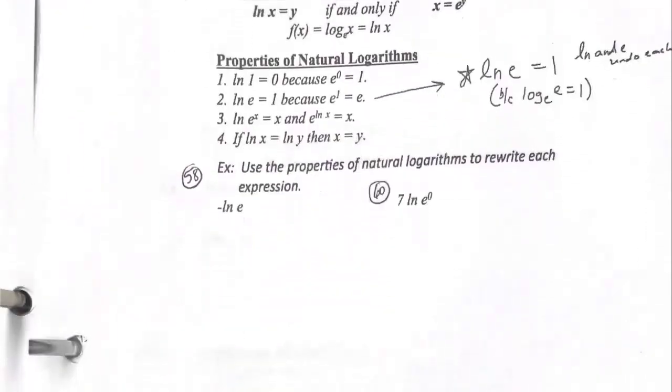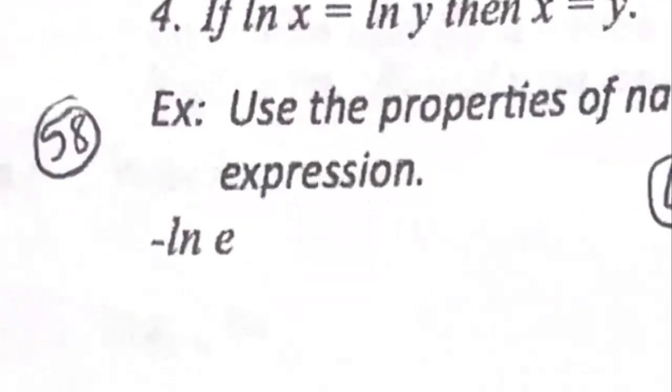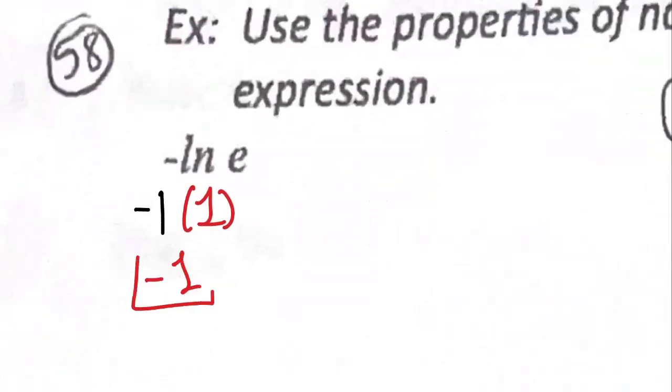All right, use properties of natural logarithms to write the expression. We know that ln of e is equal to 1. So this is just -1. You are going to have to do these without a calculator, so you kind of have to know the expressions. You can use a calculator to double check your work.